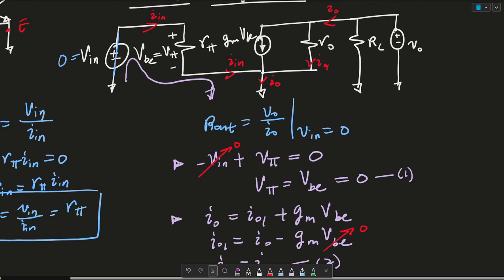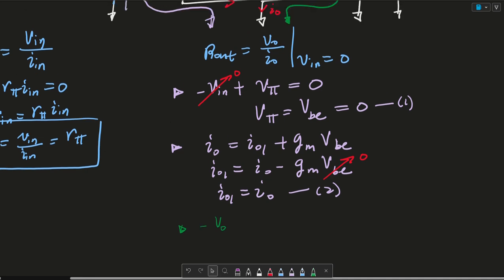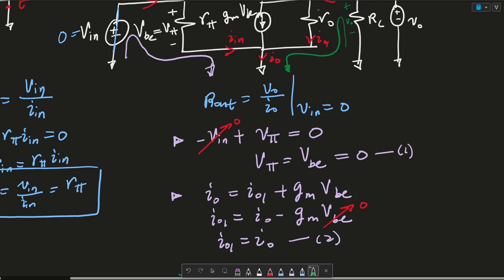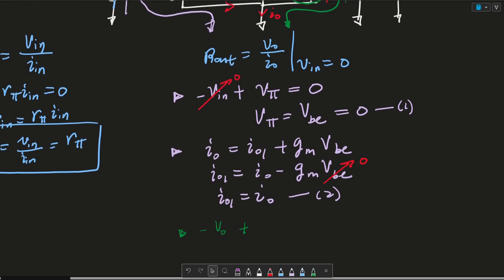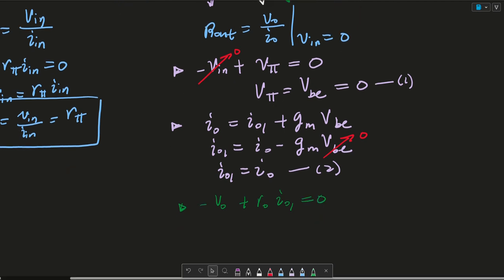And then the last equation is a KVL in this loop. Again, we know that the voltage across this RC resistor is VO. So we could say that minus VO plus the voltage through this resistor, which is RO times IO1, is equal to 0.